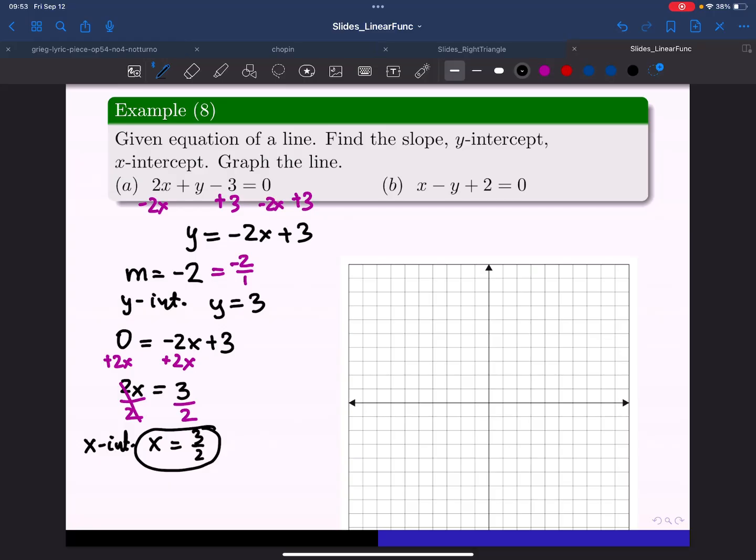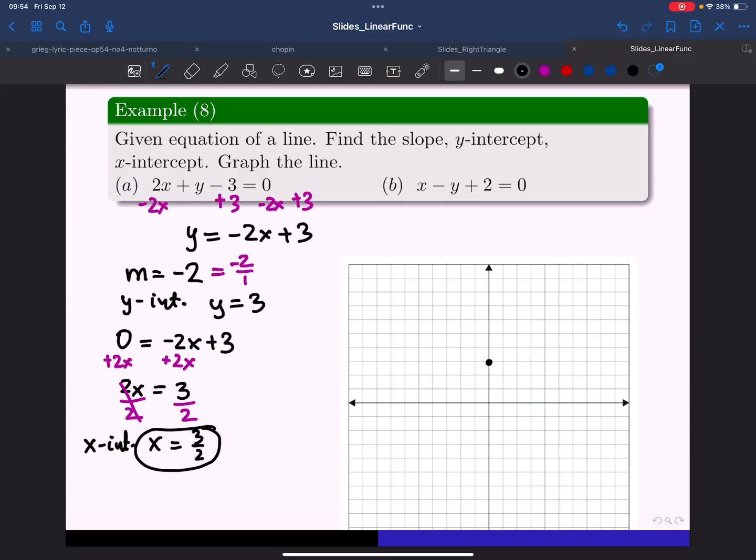Then they ask us to graph the line. We have a couple options. We can either plot this point on the y-axis and this x-intercept on the x-axis, or we can plot the point on the y-axis and go according to the slope. So on the y-axis, we need to mark 1, 2, and 3.